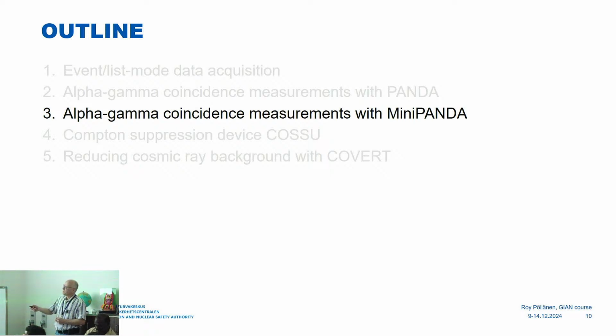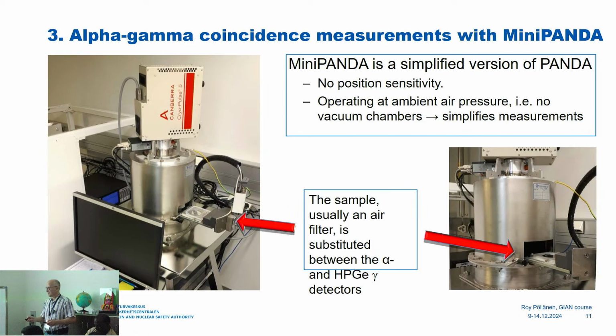Because this PANDA system was very complicated, as it is able to locate radioactive particles in the sample, I suggested to my colleagues that we could do it in a much simpler way, and we can do it. Let's look at mini PANDA in this case. The mini PANDA system is basically very easy.